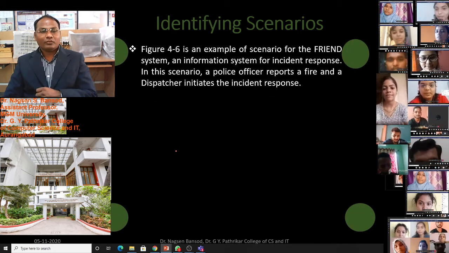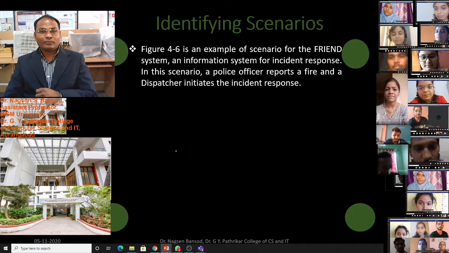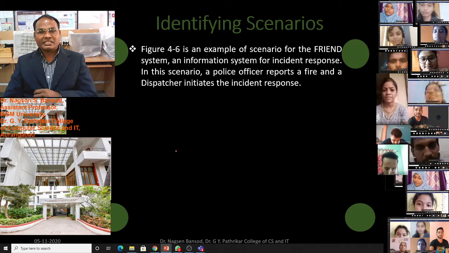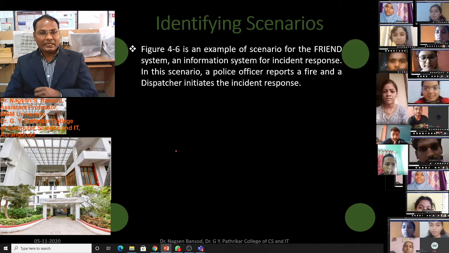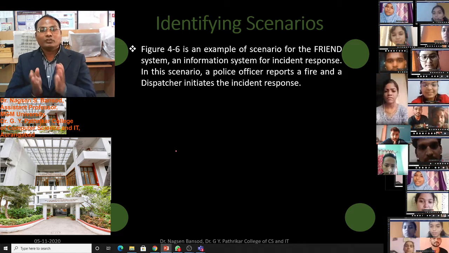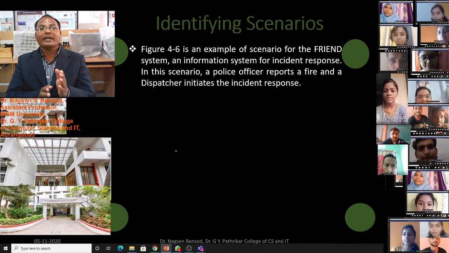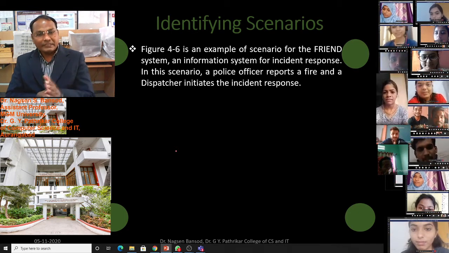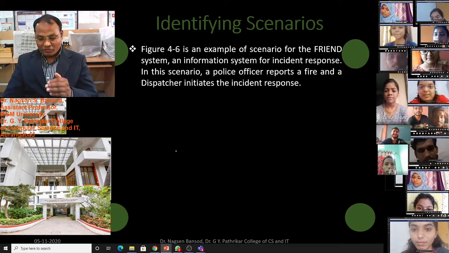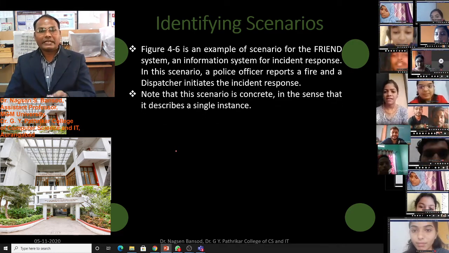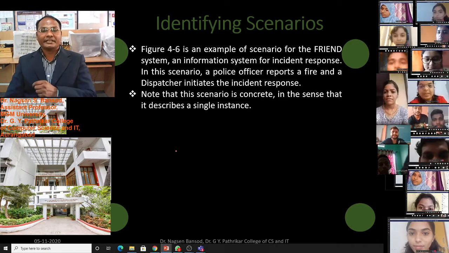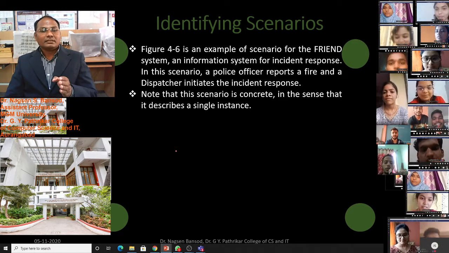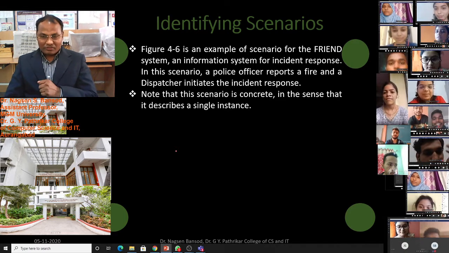Figure 4.6 is an example of a scenario for the FRIEND system, an information system for incident response. In this scenario, a police officer reports a fire and the dispatcher initiates the incident response. Note that this scenario is concrete in the sense that it describes a single instance.